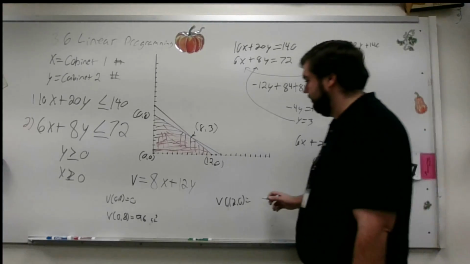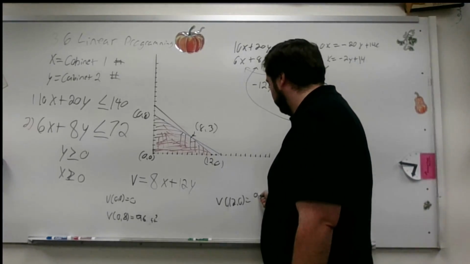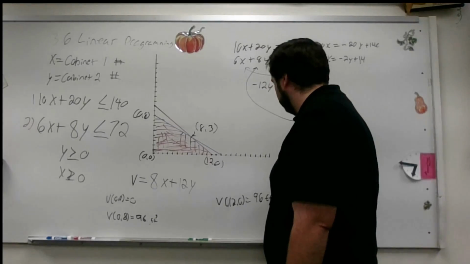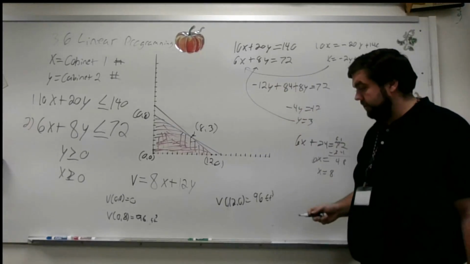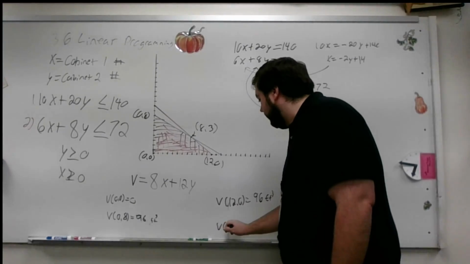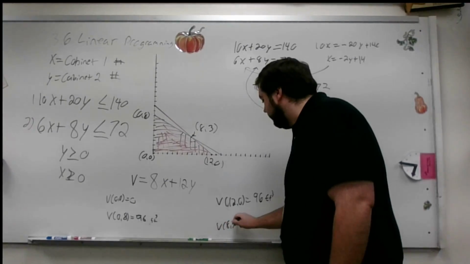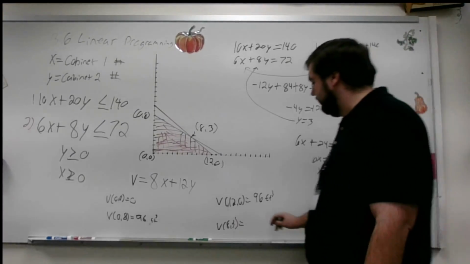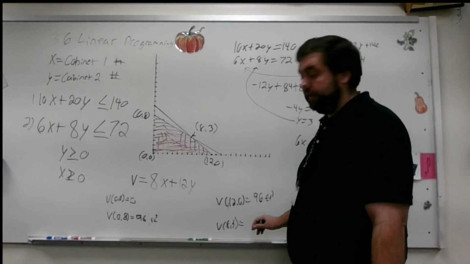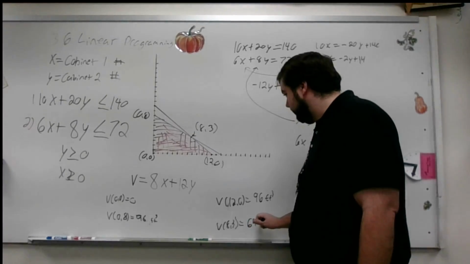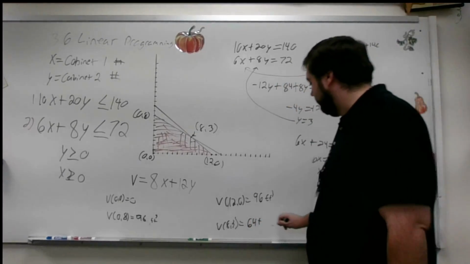That's just going to be the same thing, 96 cubic feet. And finally, V of 8, 3. That's going to be equal to 8 times 8, which is 64, plus 12 times 3.